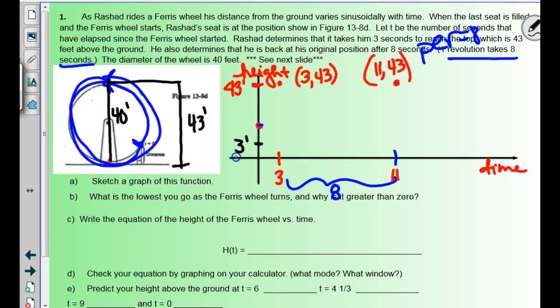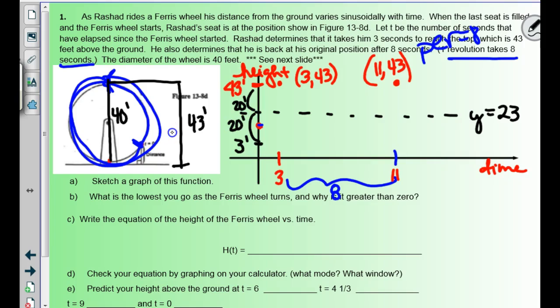Okay, if we add and divide by 2, we get 46 divided by 2 is 23. What is that? It is the midline. Because how far above and below that is he going? 20 above that and 20 below that. So what is that 20?